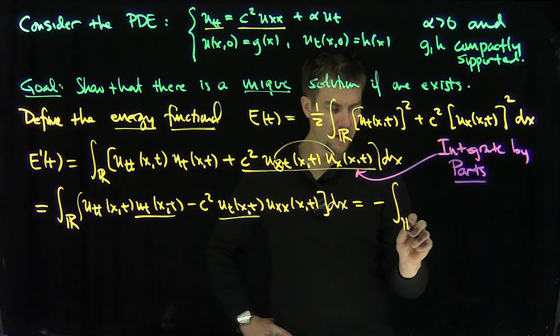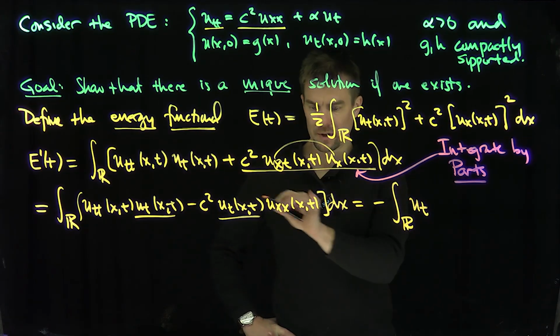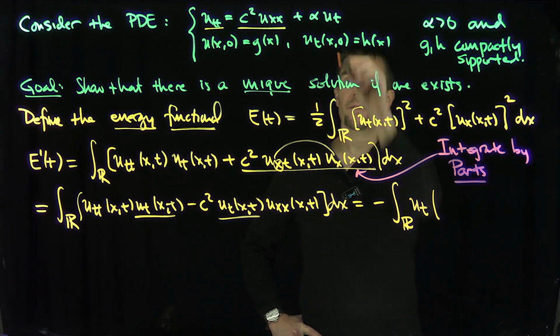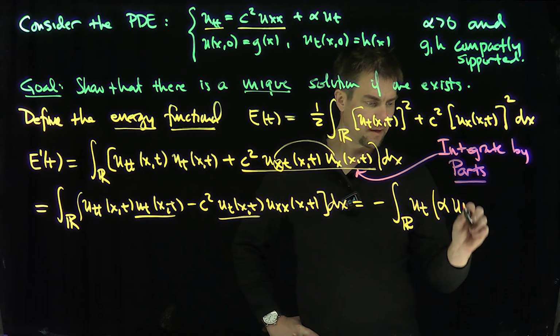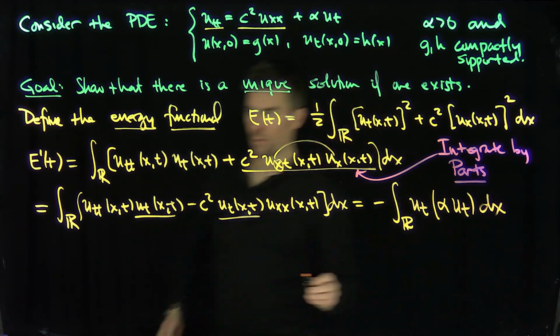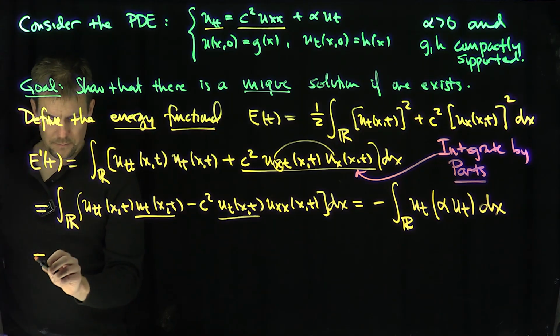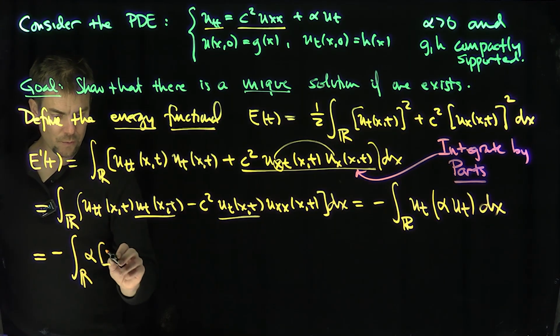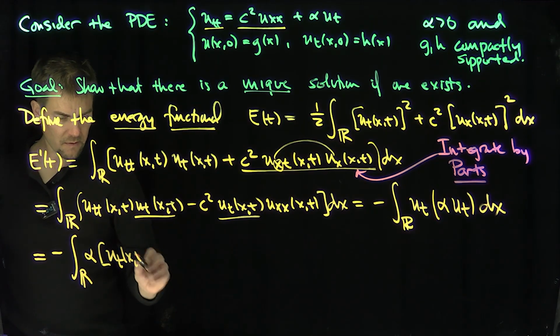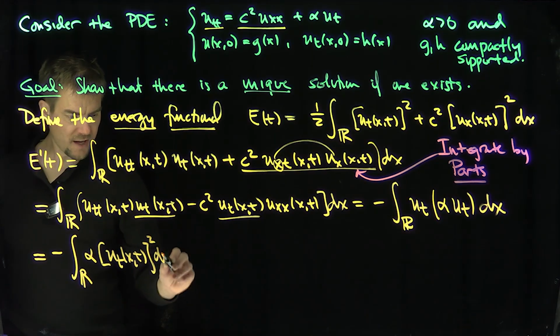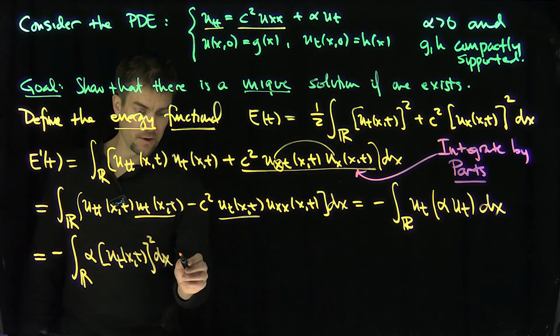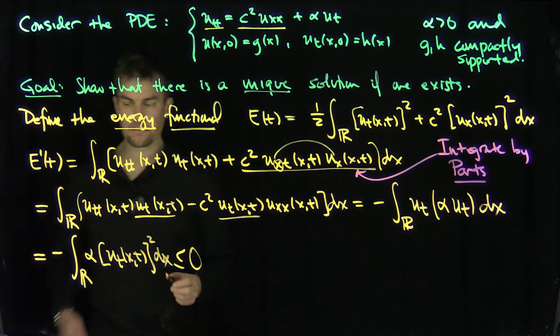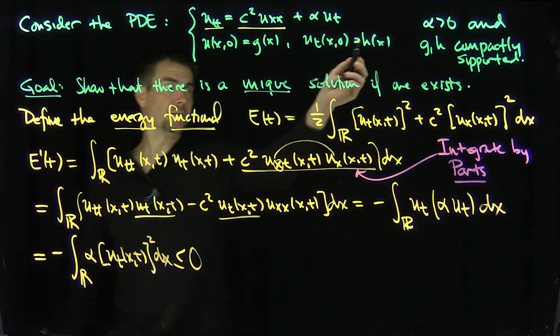So this integral is just the integral of u_t times alpha u_t dx, which is the integral over R of alpha times u_t(x,t) squared dx, with a sign that makes it less than or equal to 0, by assumption, because I'm assuming that alpha is positive.